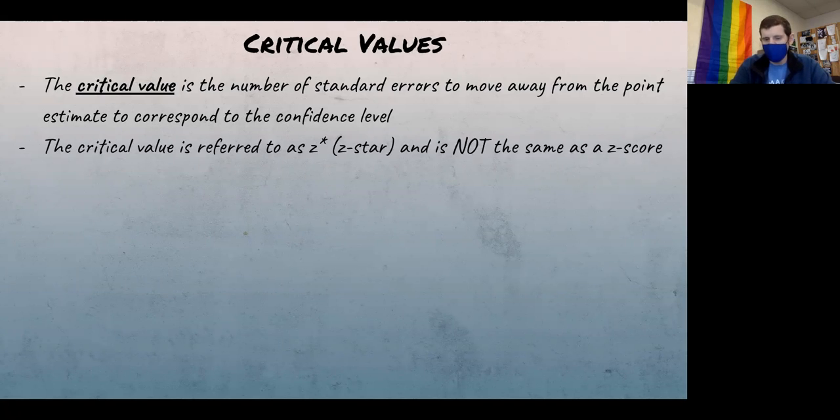And in the past, we would have said 2 standard deviations away is 95% of the data. But what we just learned is that, and I'm jumping ahead a little bit, it's not exactly 95% of the data if you move 2 standard deviations away. So when we talk about moving 2 standard errors away, it's not going to capture 95% of the data. It's going to be a little more than that, 95.4%.